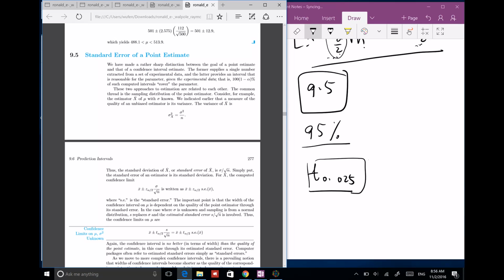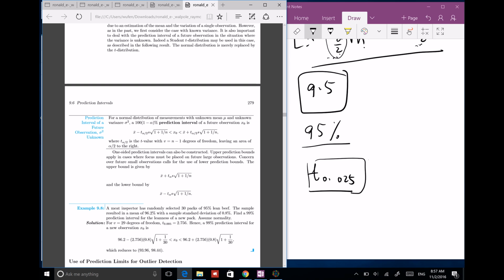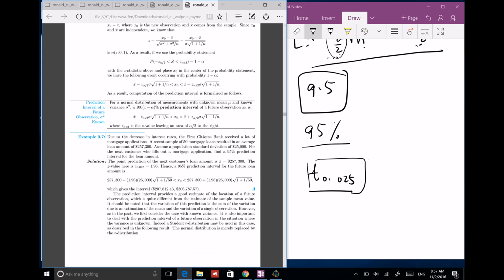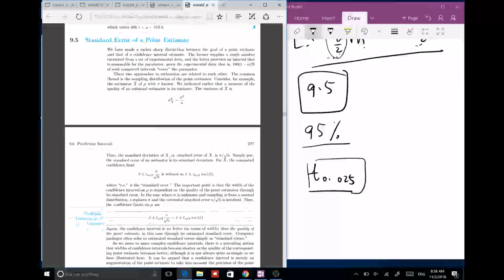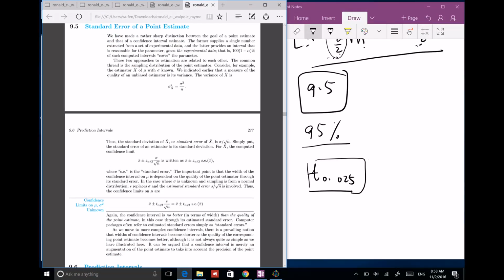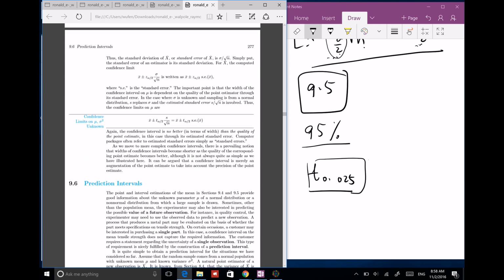Okay, so let me see where we stopped. In the next chapter, Section 9.5, standard error of a point estimate, I think I did give you the error formula.